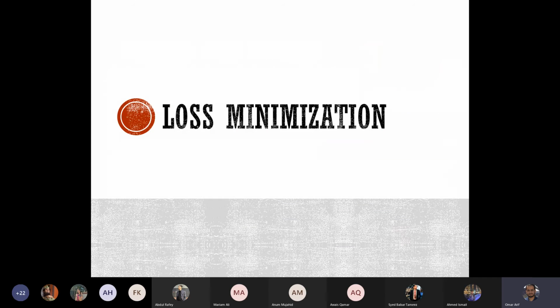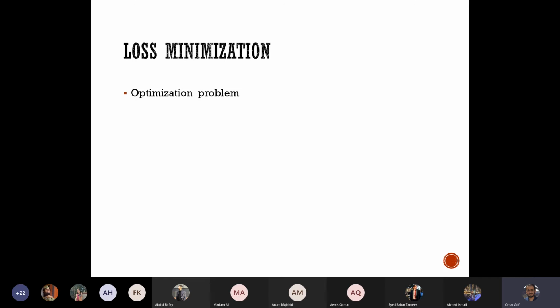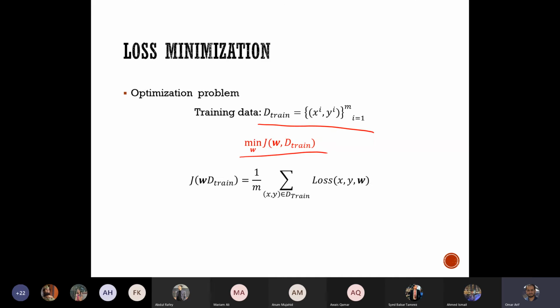So starting from loss minimization, the objective is to minimize loss based on choosing the right value of the weights which minimize our loss function. This is my training set, and this is the objective, and this is my cost function. So I sum over all values of my training set, and this is the loss on one particular example of my training set.